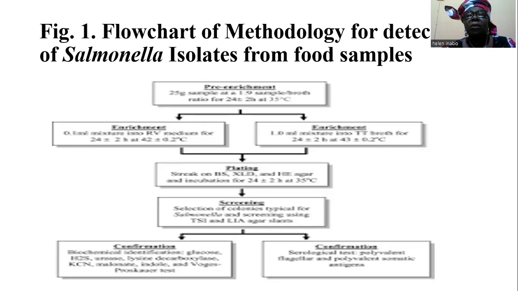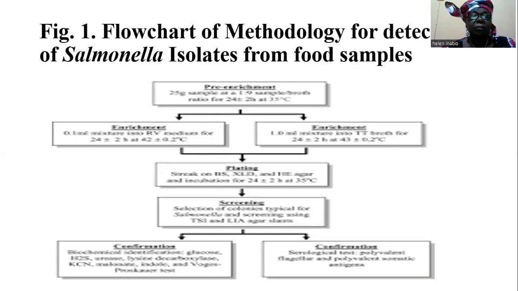Now, a food homogenate is produced by blending this mixture, and then is incubated at 35 degrees Celsius for 24 hours.